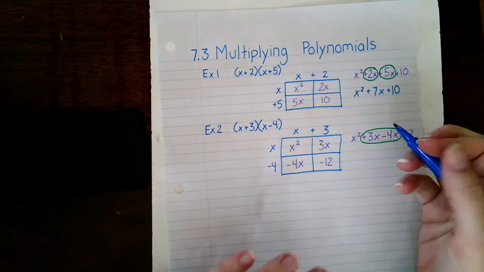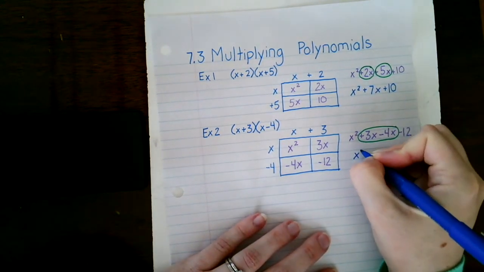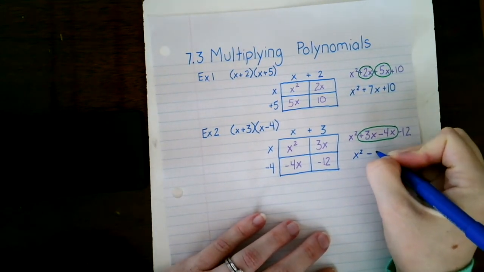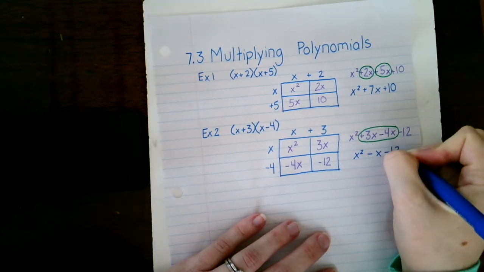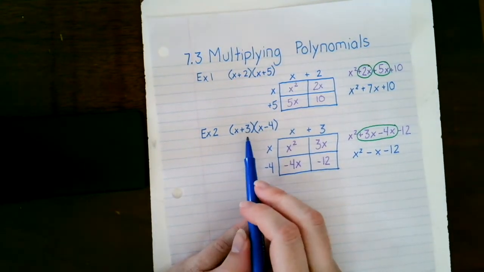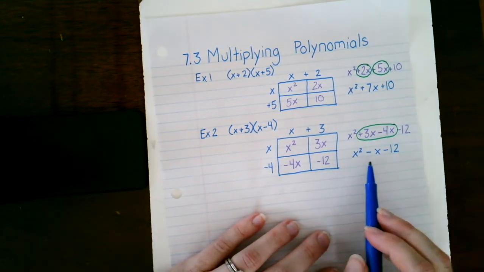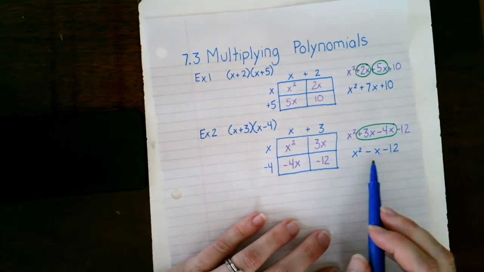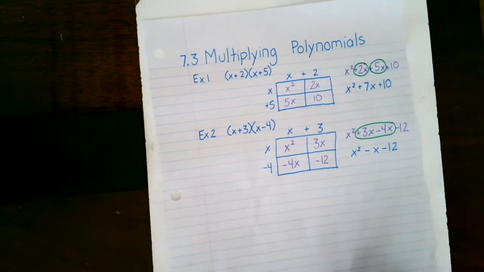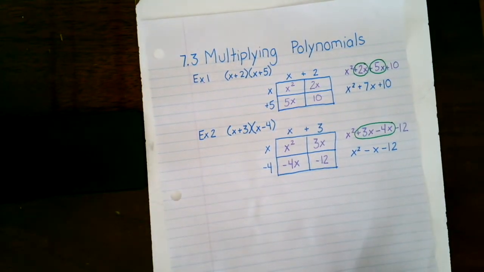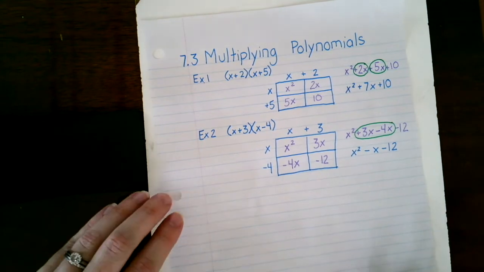And we get a final answer of x squared minus x minus 12. Okay, so we started with multiply these two binomials and we get this as our solution. Okay, so this is our final answer. Now we'll do one more example together and then I'll give you some to try on your own.